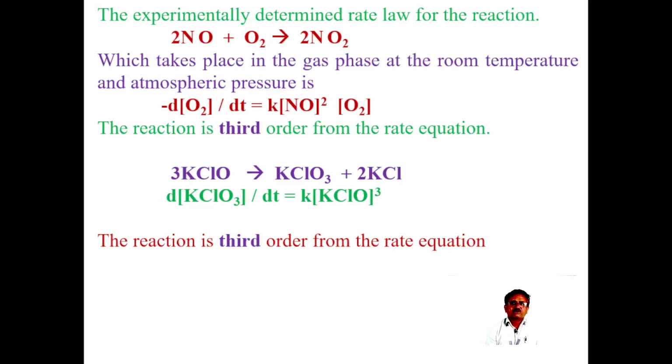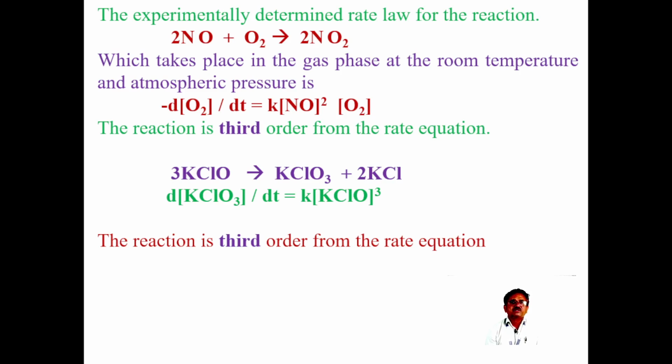Experimentally determined rate law for the reaction, for example 2NO plus O2 gives 2NO2, which takes place in the gas phase at room temperature and atmospheric pressure, is: the rate, that is minus d[O2] divided by dt, equals k [NO]^2 [O2]. So, this is the rate law equation for this reaction.